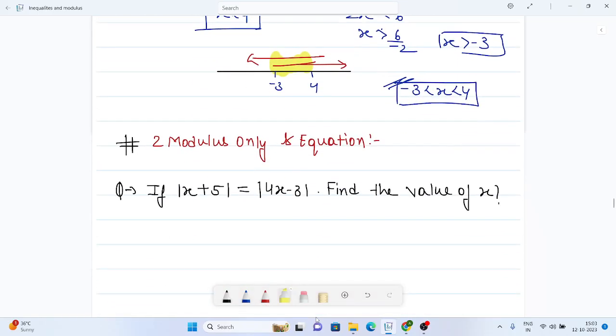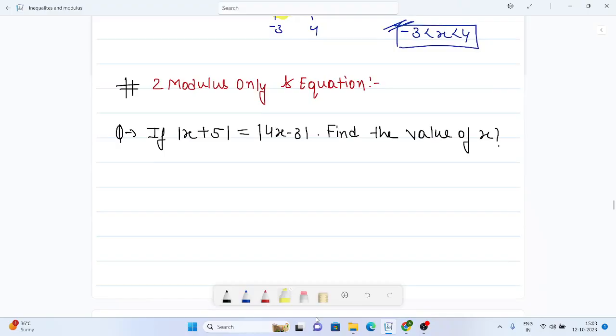Now, two modulus only, and equations also. So if two modulus are given, now if I replace each mod by plus minus, plus minus x plus 5 equal to plus minus 4x minus 3.